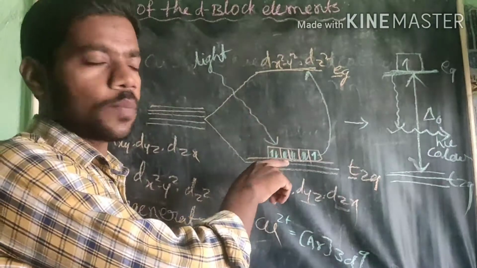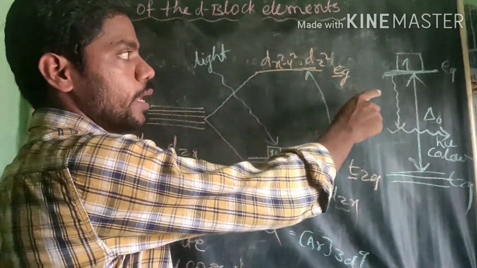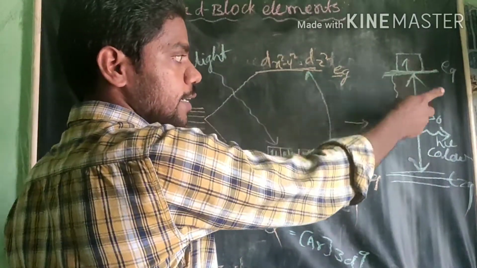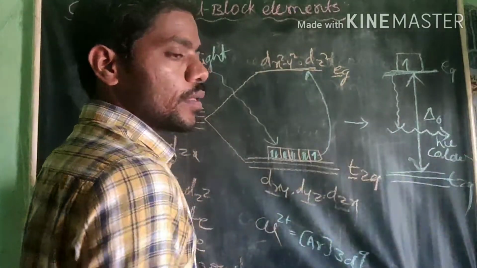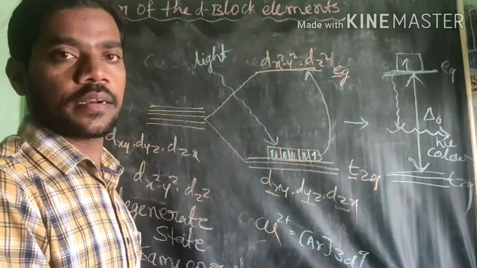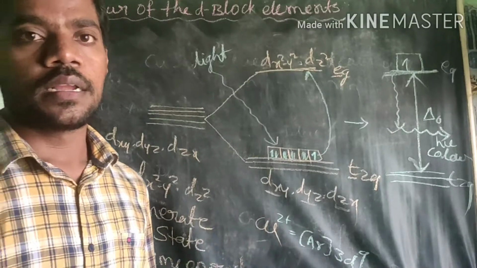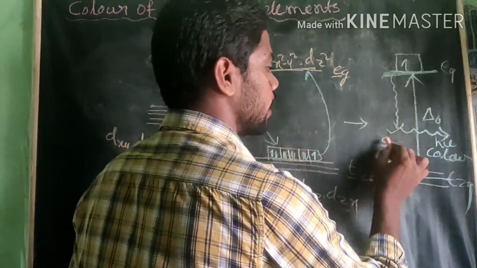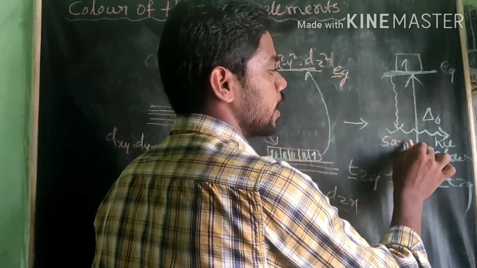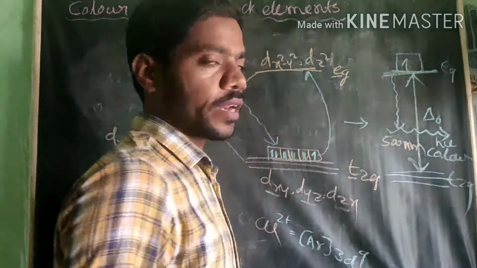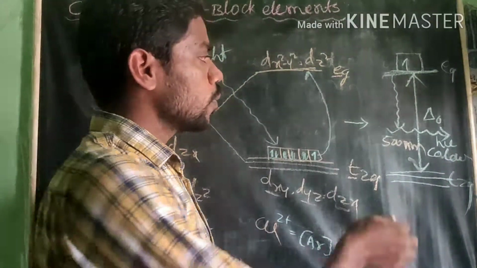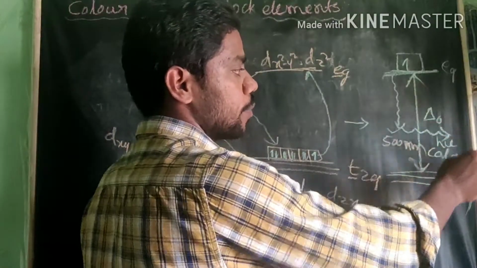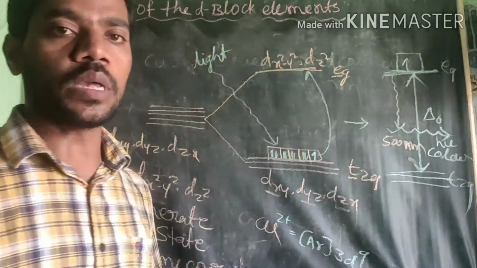Whenever light falls on this compound, it goes to the excited state, and when it comes back, it emits certain light. That electron shows color, emitting a different wavelength. For example, if it is 500 nanometer, it is some orange or yellow violet color. Therefore, based on the emitted light, this compound shows color.